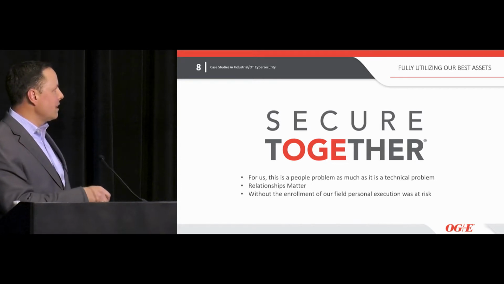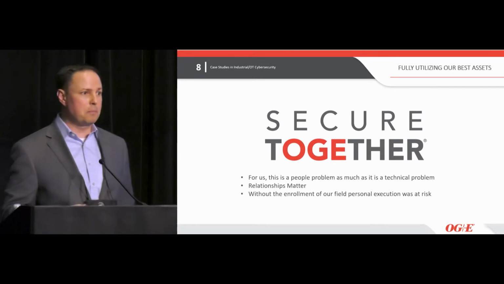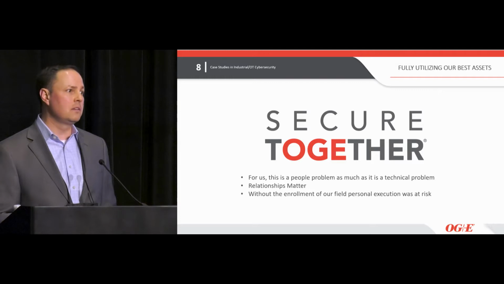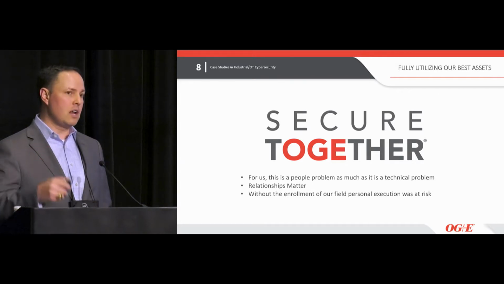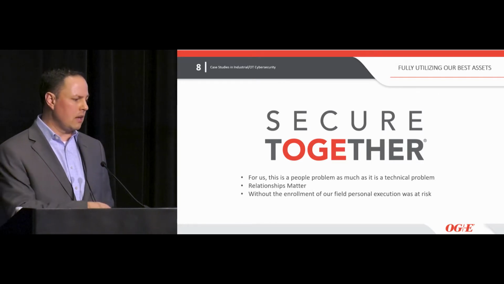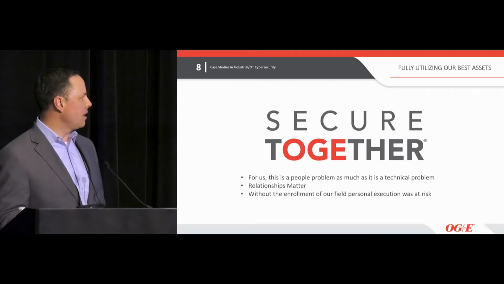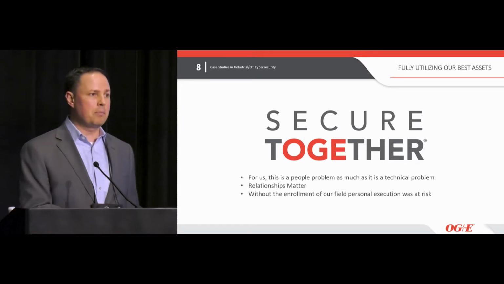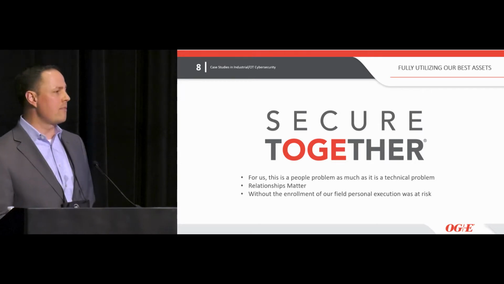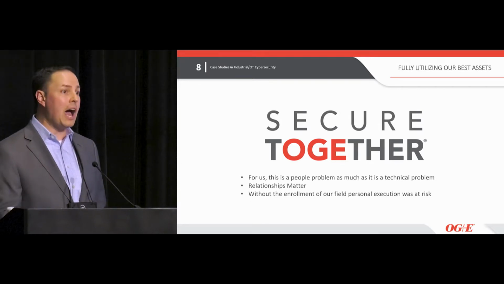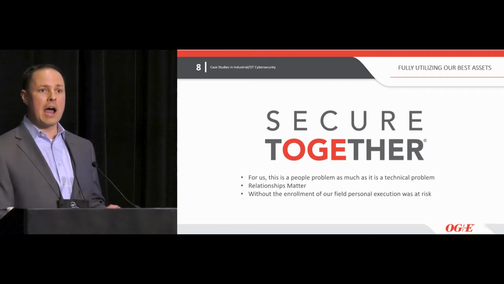We're looking at this problem we're trying to solve as a people problem as much as a technical one. I feel like I'm just throwing hot takes, but I'm very passionate about this. If you can't get the people lined up and engaged and enrolled with you, then you'll never get the technology solution. You've got to get the people. Connect the why.